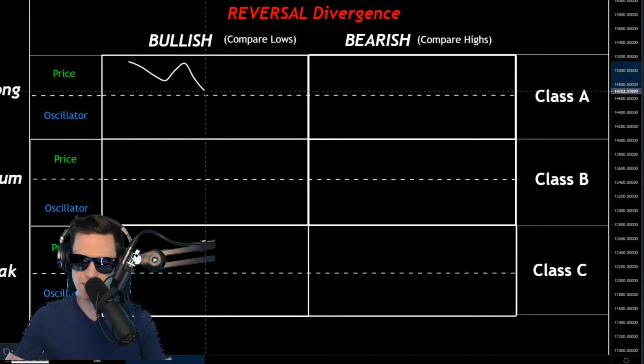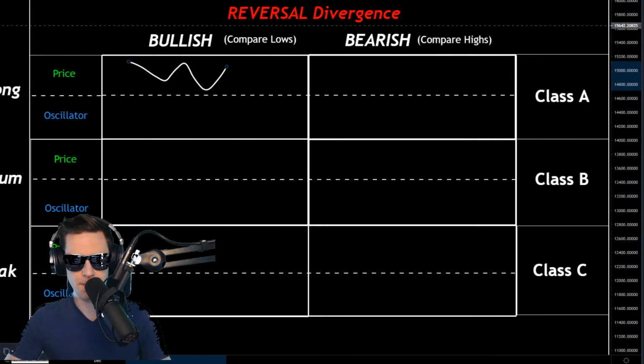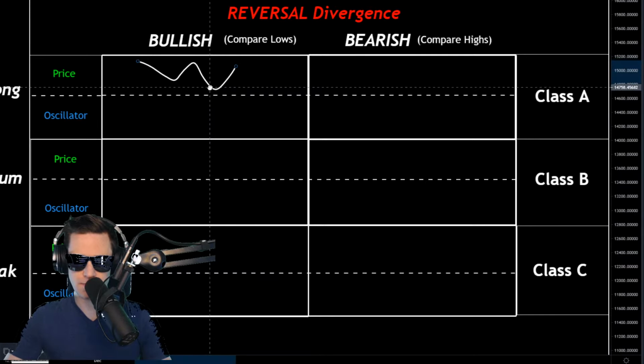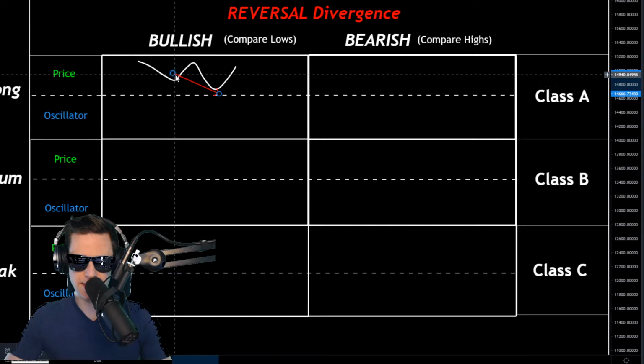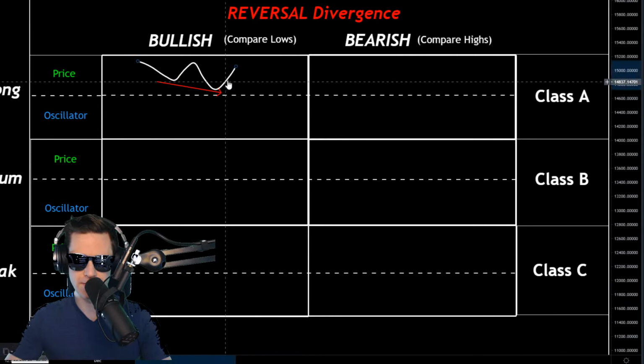Because this is reversal, if it plays out, we would expect then price to move back up. And this red arrow is going to signify that this is a lower low, that price action is moving down.